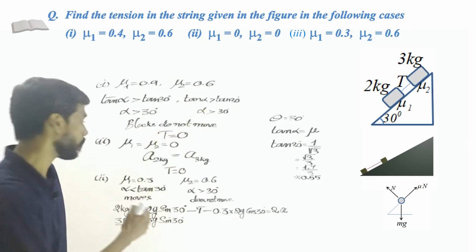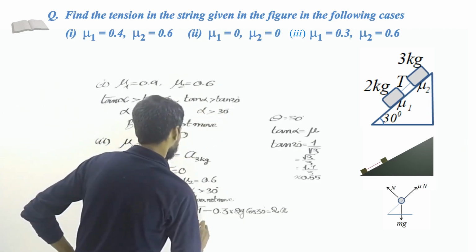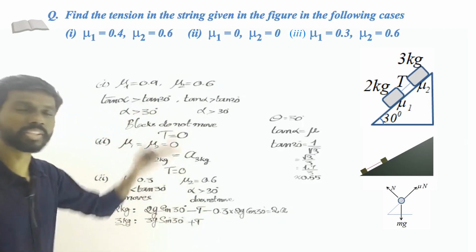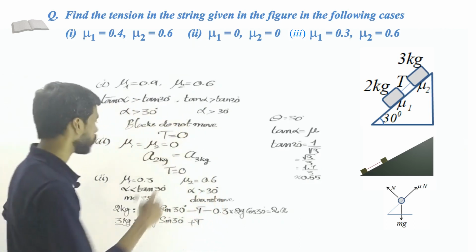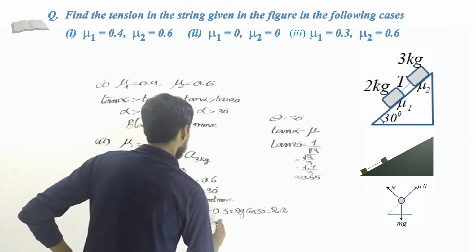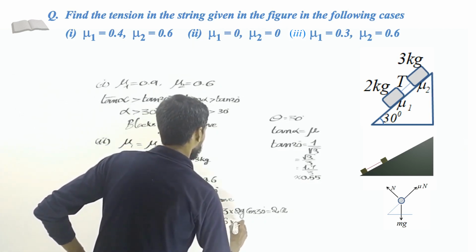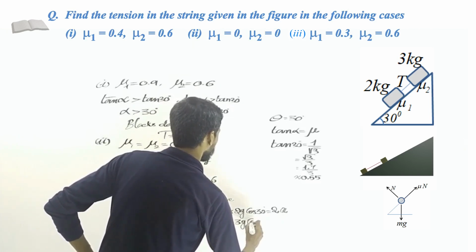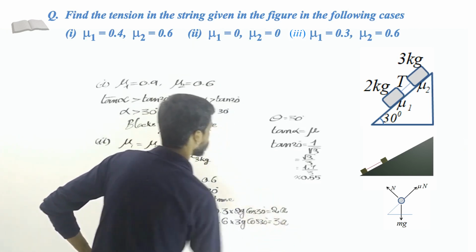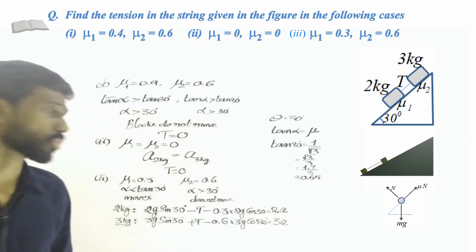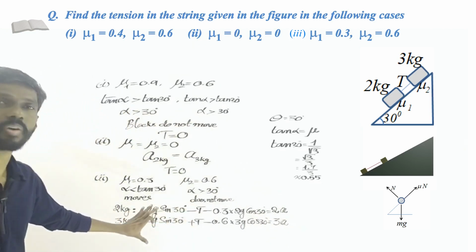So plus T, not minus, plus T. And frictional force in the opposite direction. Here it is 0.6. So minus 0.6 times 3g cos 30, that equals mass times the acceleration, so 3 times the acceleration. So that's it. We just need to solve these two equations to get the value of the tension.